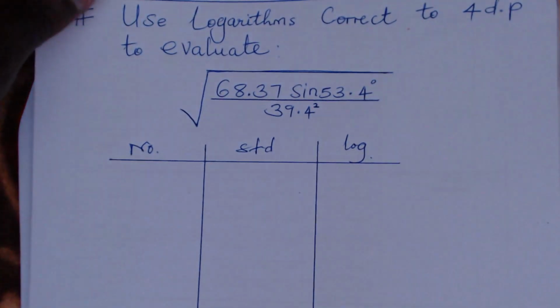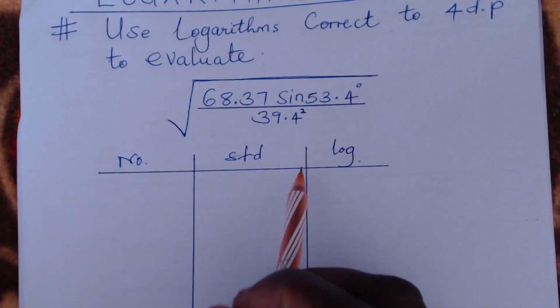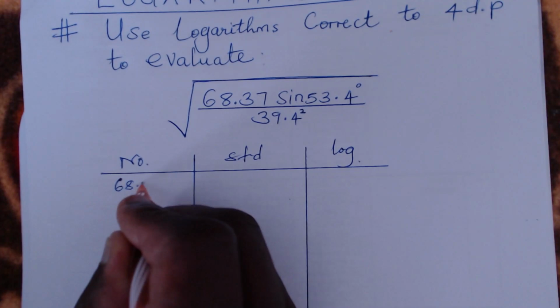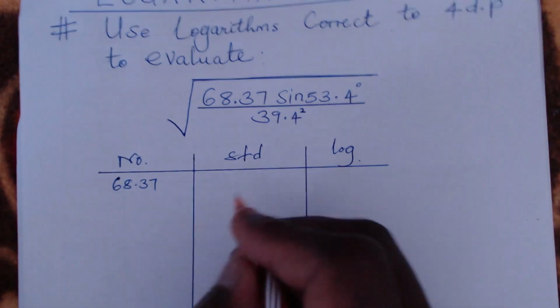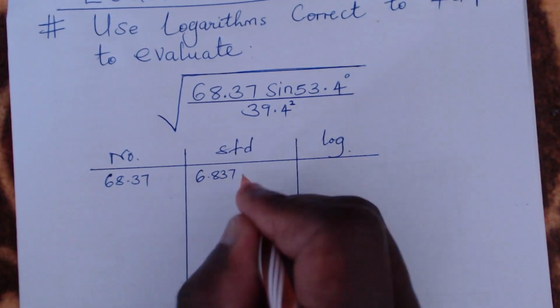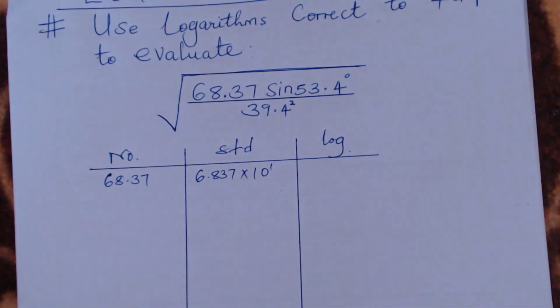The first one is 68.37. We start with the numerator. 68.37. We write that one in standard form. We get 6.837 multiplied by 10 raised to power 1.